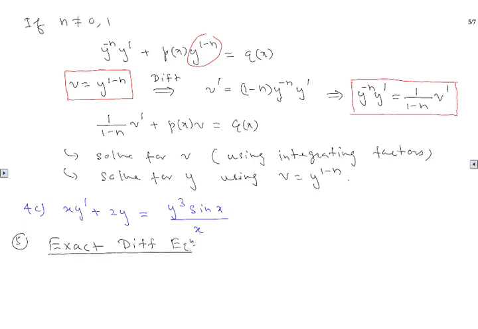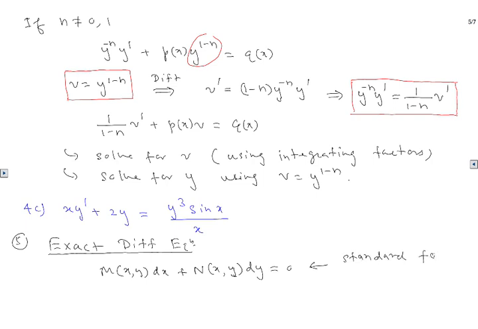You have to write the differential equation in a special form. So we can write the differential equation in this form: M(x,y) dx plus, it's very important, so plus sign, N(x,y) dy, and then you set this equal to 0. So this is what we call the standard form.